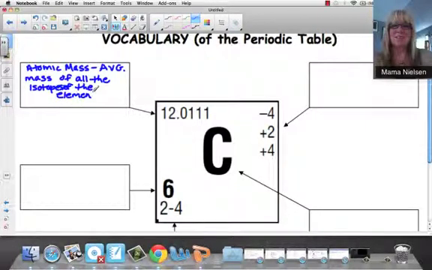And you're probably asking yourself, at least I'm hoping that you're asking yourself, what is an isotope? We're going to talk about this later on, but I'm going to write it down here just so you know.